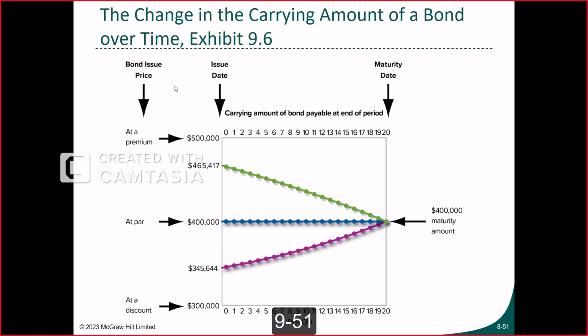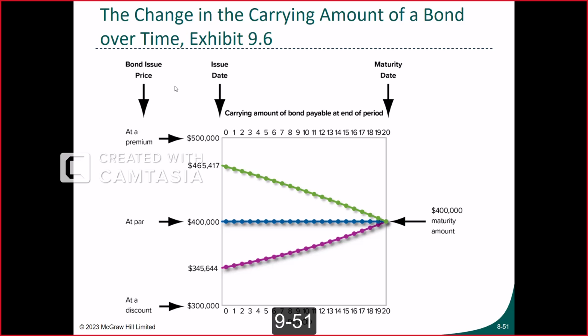At every interest day, debit interest expense for how much? Whatever interest is due or accrued. Yeah, how much? With the data we have. Coupon rate is 6%. Market rate is also 6%. So debit interest expense for how much? $12,000.